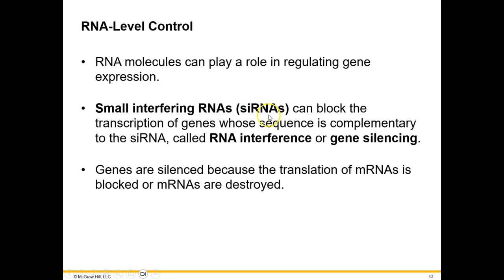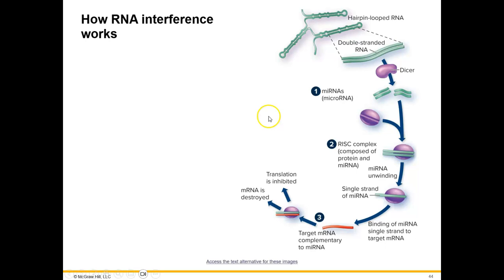Small interfering RNAs are doing that with the same kind of seats taken approach that we've seen before. Basically, our small interfering RNAs are going to attach with the mRNA copy that we've made, and they're going to have a matching nucleotide sequence so that they attach all the way along the length of that mRNA copy.